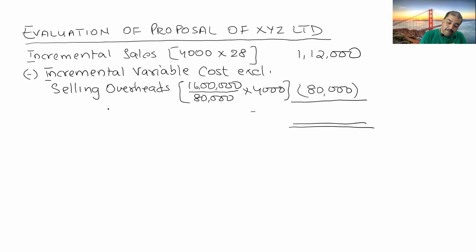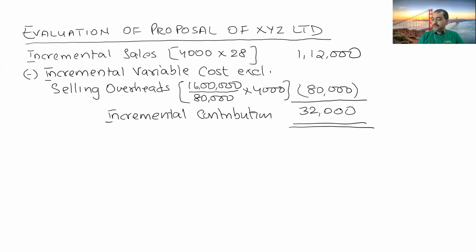So I have incremental contribution. That means additional contribution of 32,000.